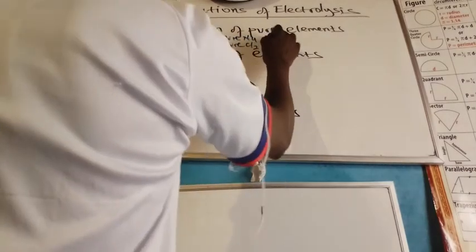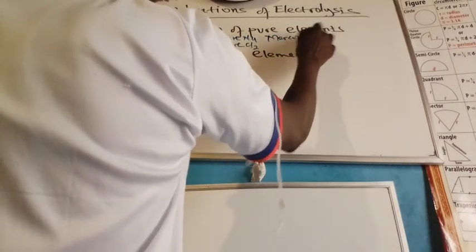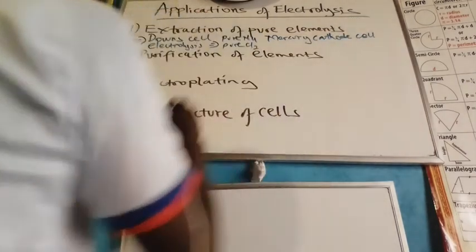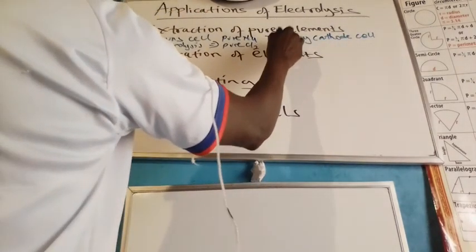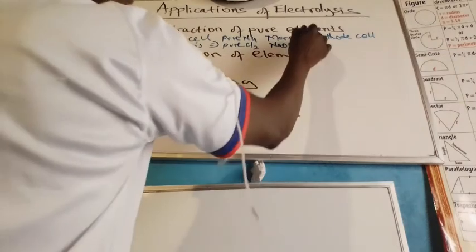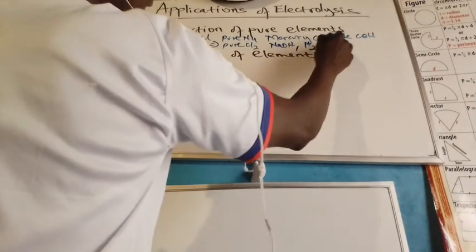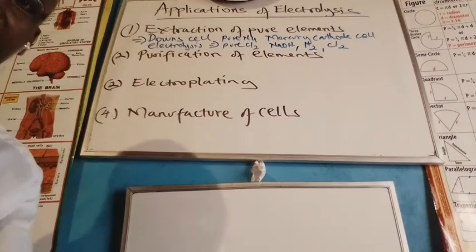In the mercury cathode cell, we extract pure sodium hydroxide, pure hydrogen gas, and pure chlorine. And if the need arises, we could also obtain pure mercury.